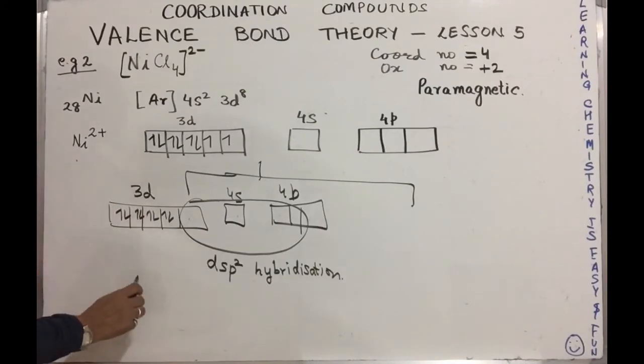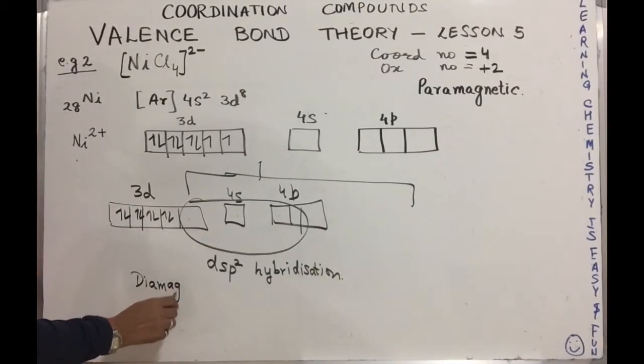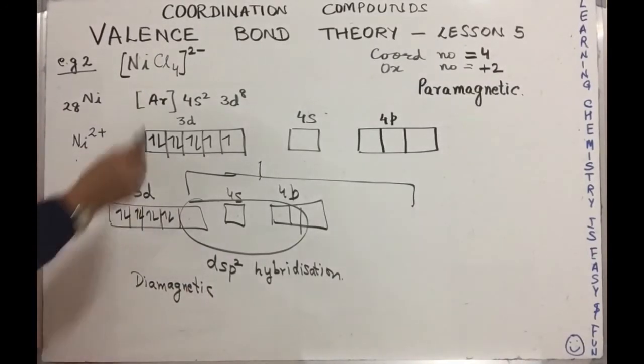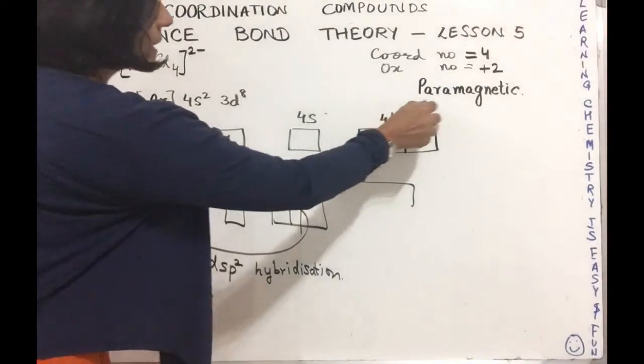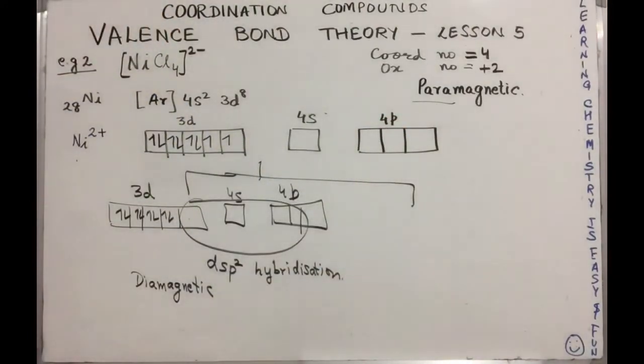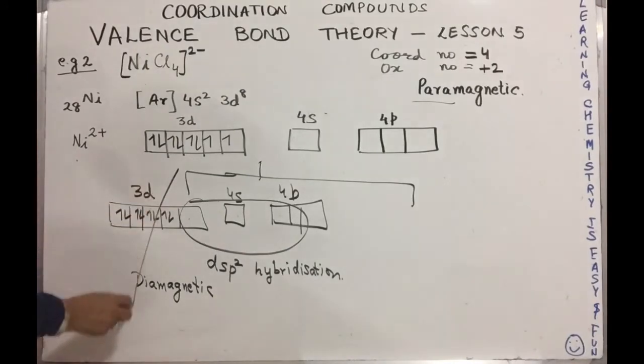No unpaired electrons means it should be diamagnetic, right? But what we observe experimentally is this compound is found to be paramagnetic. In other words, this assumption is not appropriate.